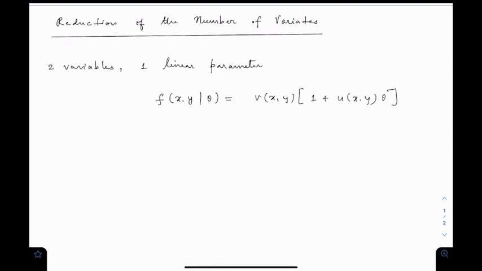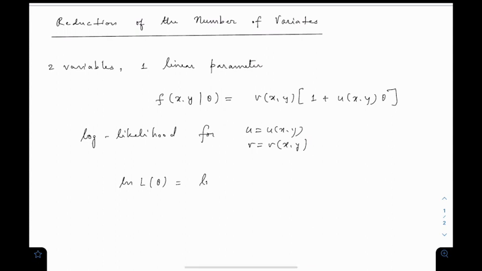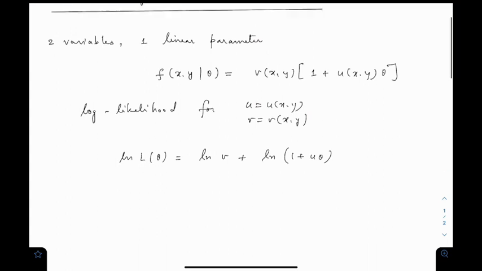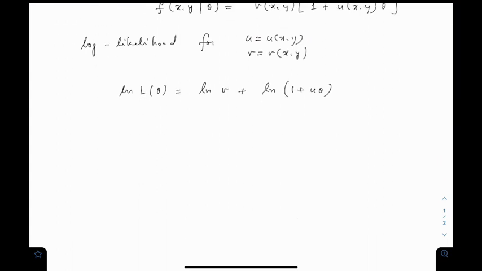Now the log likelihood for the observations is simply given as, and this is essentially a function of only one significant variate, because log of v does not depend on theta and can be omitted.